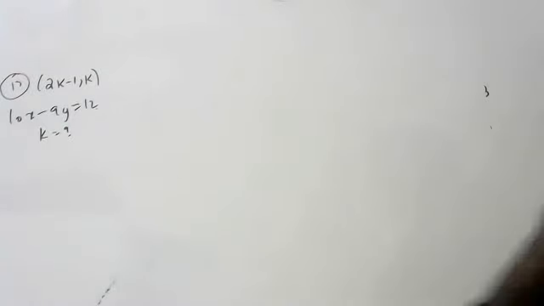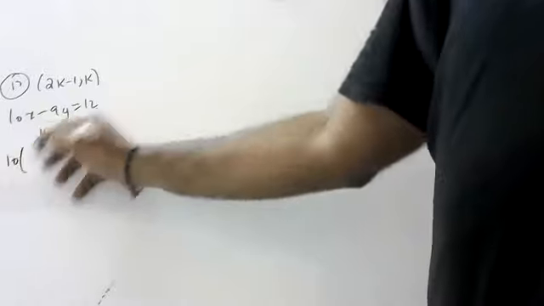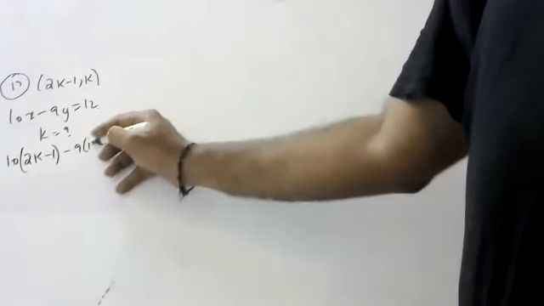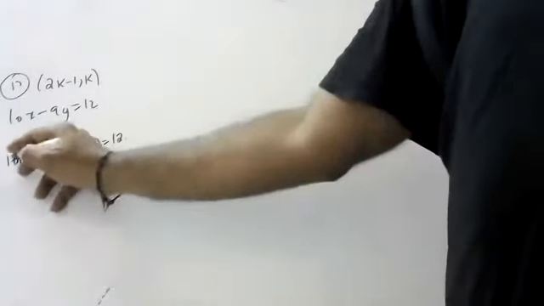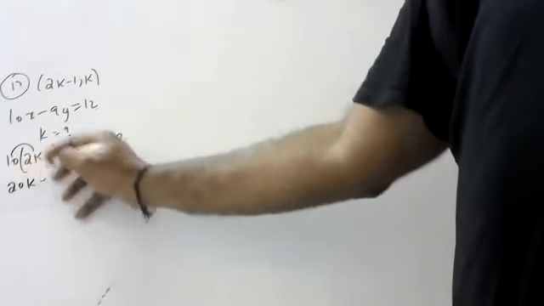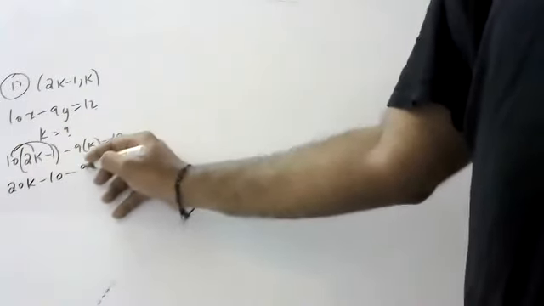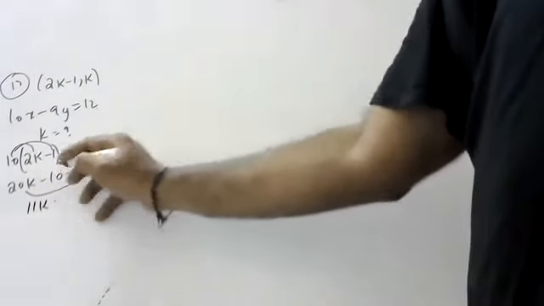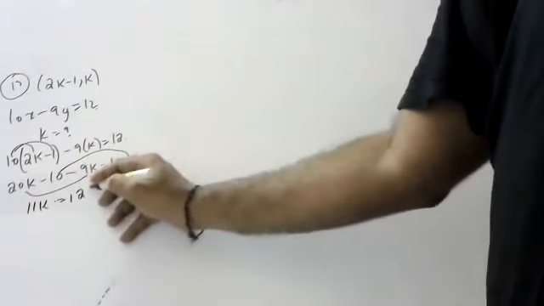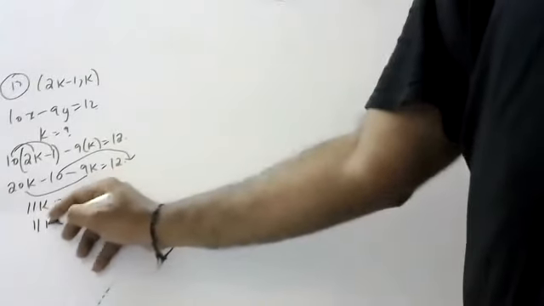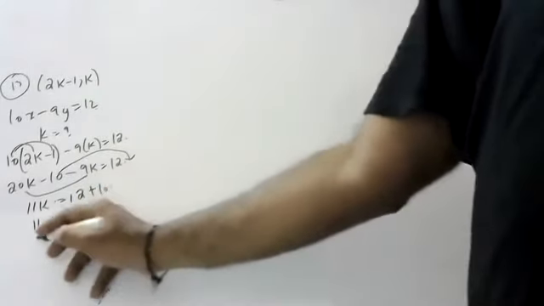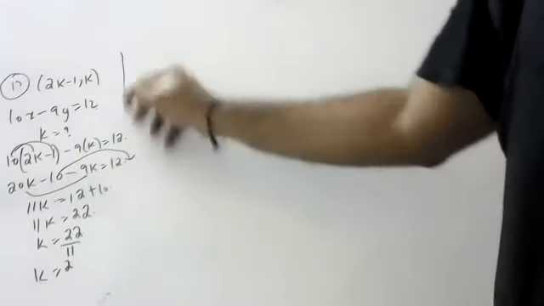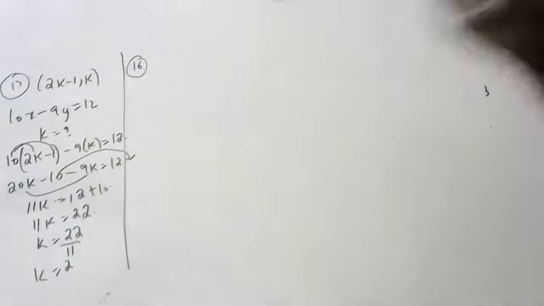Sir, I'll try. 10 into 2k minus 1 minus 9 into k equals 12. 20k minus 10 minus 9k equals 12. 11k is equal to 12 plus 10. 11k equals 22. 22 by 11, k equals 2.